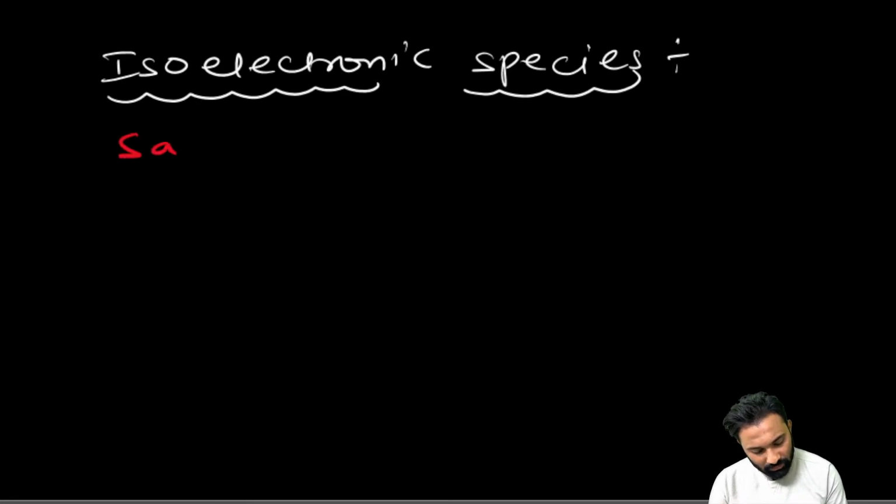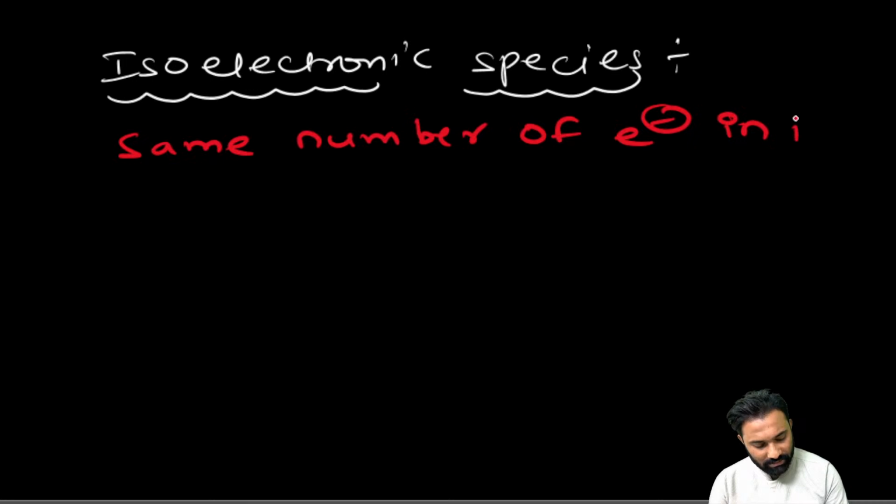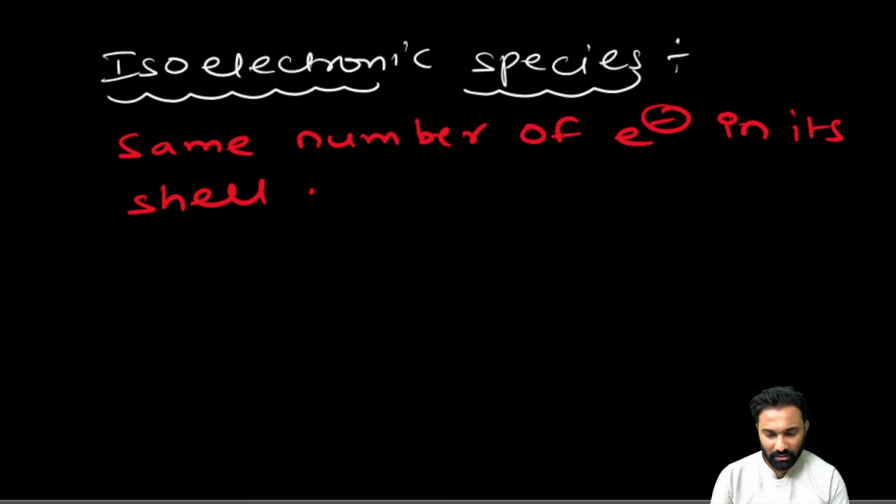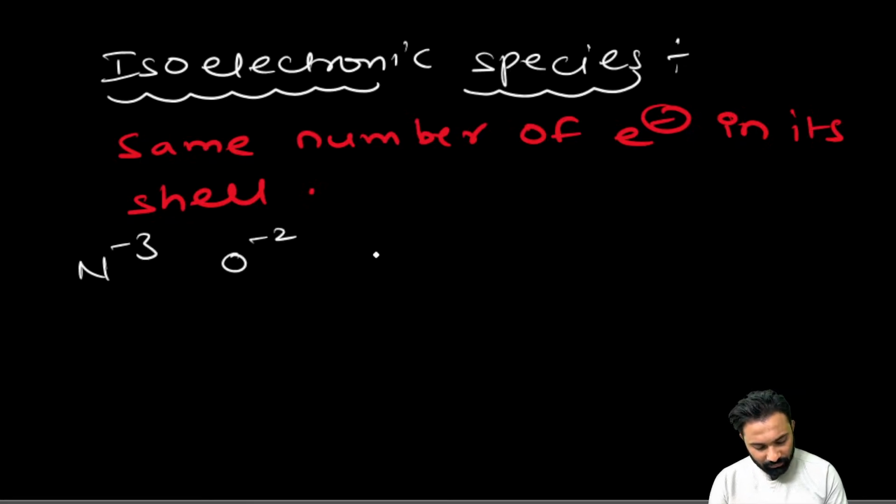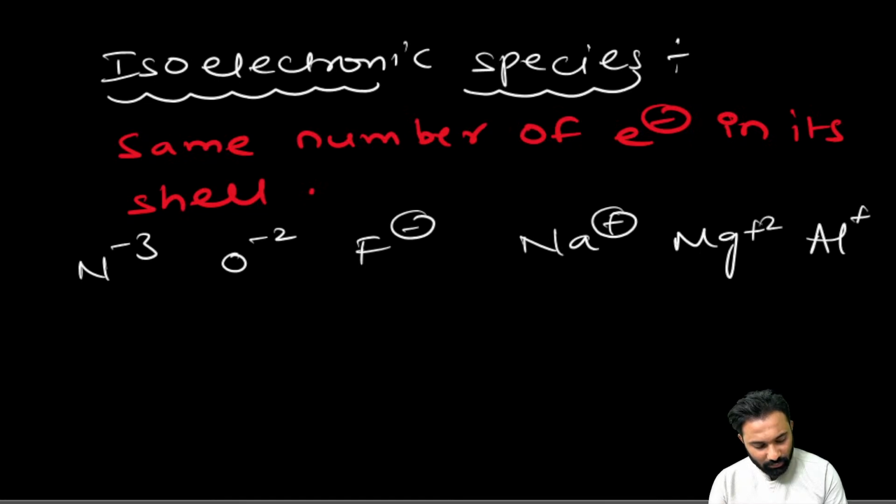Same number of electrons in its shell is known as isoelectronic species. If N minus 3, O minus 2, F minus, Na plus, Mg plus 2 and Al plus 3 are given.